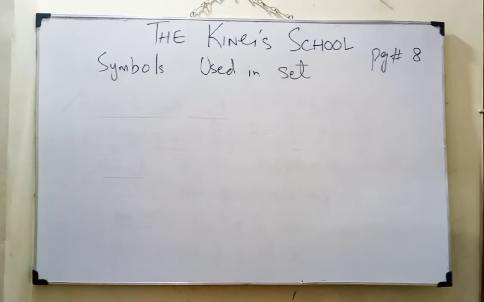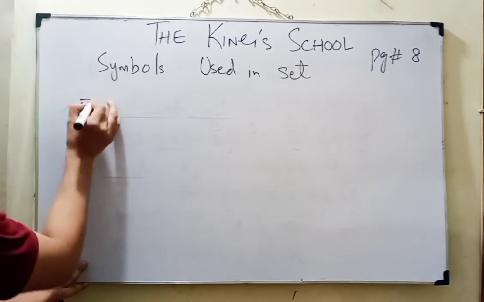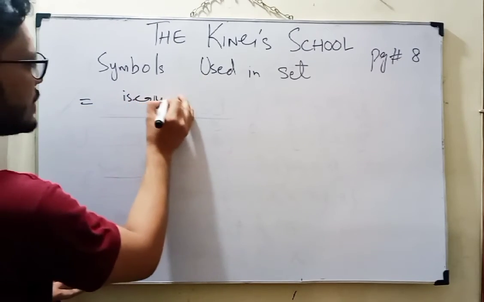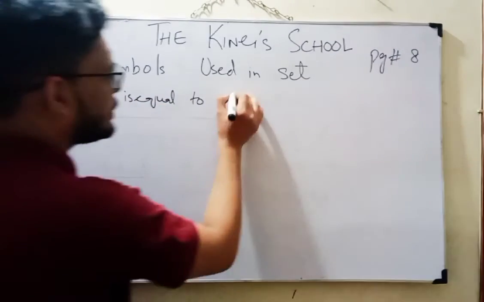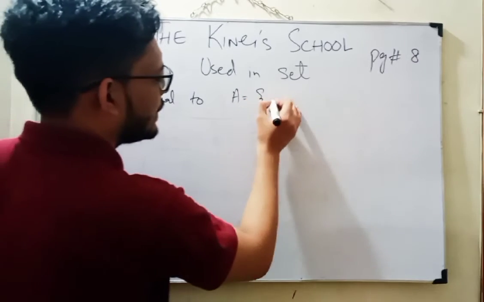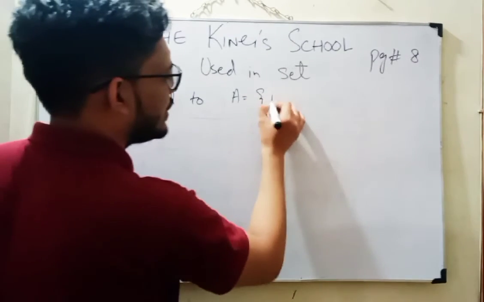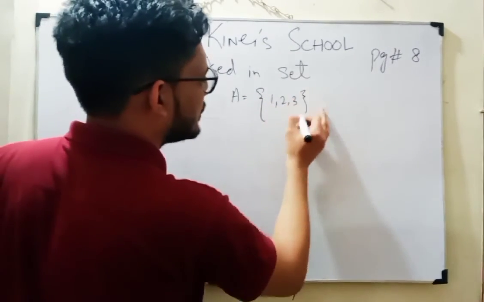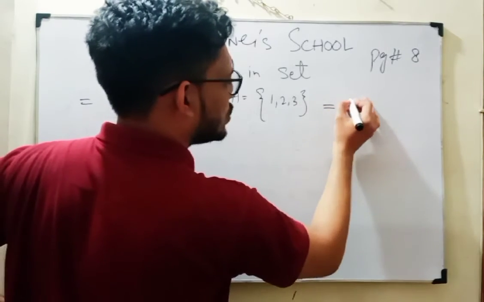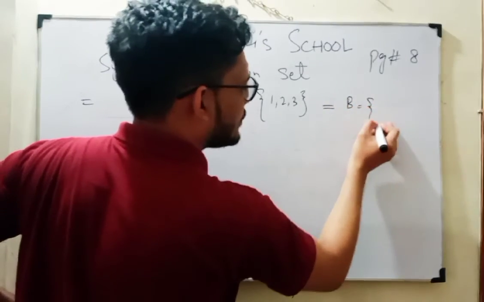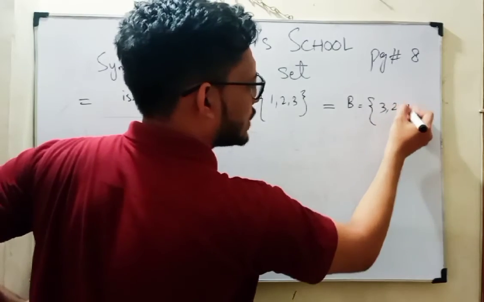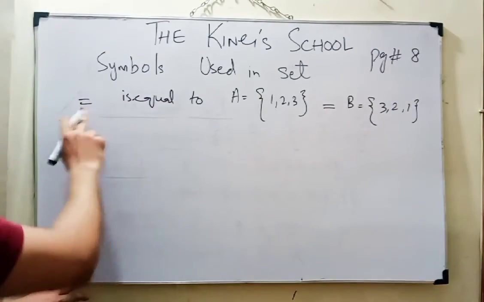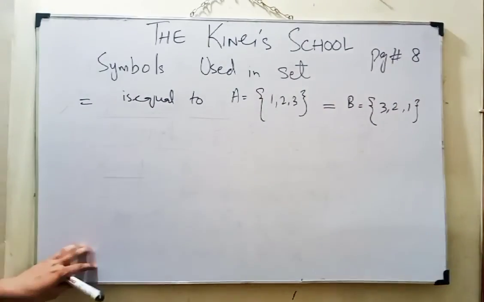The first symbol is equal to. For example, A is a set in which the elements are 1, 2, 3, and B has the same elements, so we can write A equal to B.